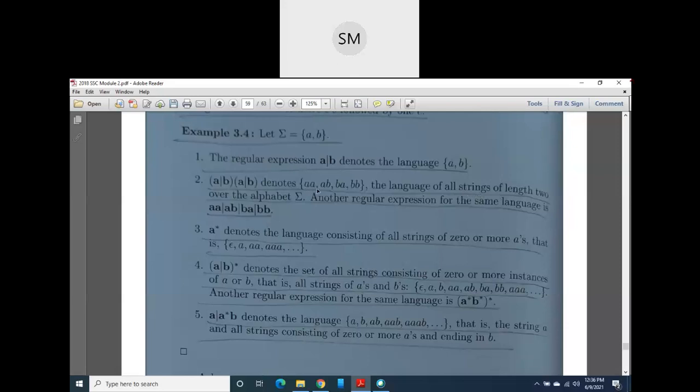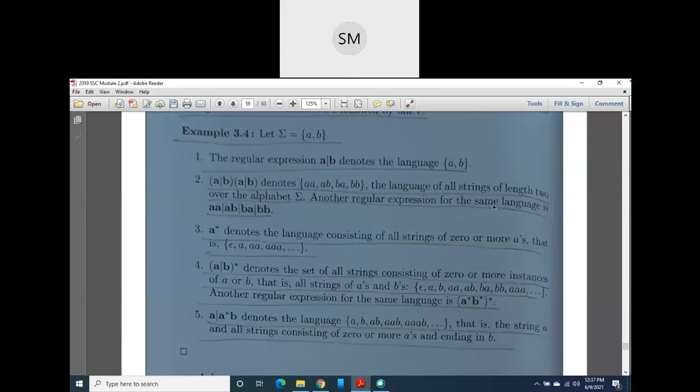The strings are AA, AB, BA, BB, which are made up of the symbols A and B. Now, are you understanding what is alphabet, what is string, what is language? The language is written in braces, and inside them, whatever you write are strings made up of these symbols. So this is the language of all strings of length 2 over the alphabet sigma.